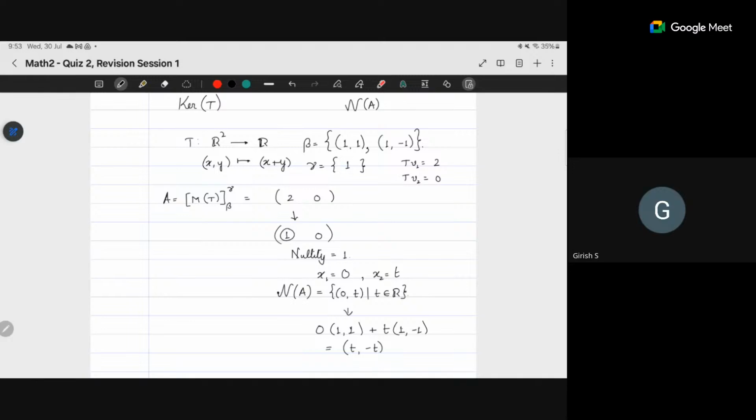The null space of A will have coordinates as many as the variables in your equation, Ax equal to 0. And that is equal to the number of columns of the matrix of the transformation, which is in turn equal to the dimension of the domain.